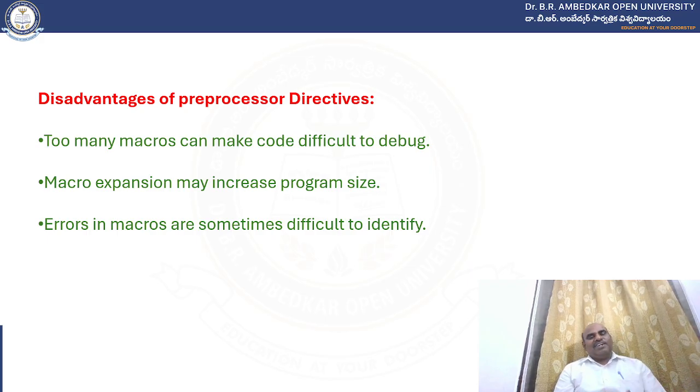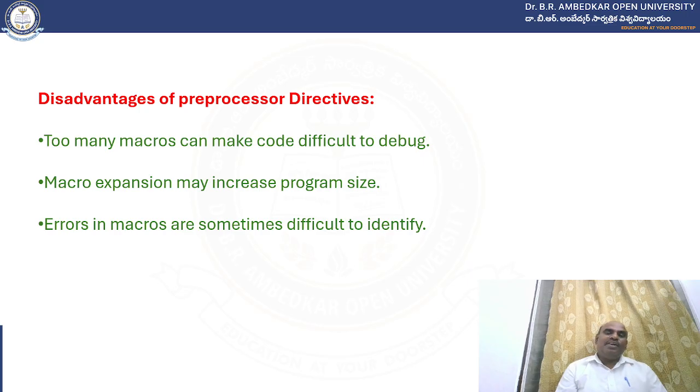On one side a head is there, and automatically a tail is also there. So advantages are there, and at the same time disadvantages are also there in preprocessor directives.